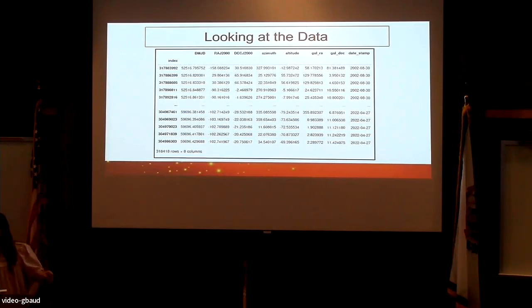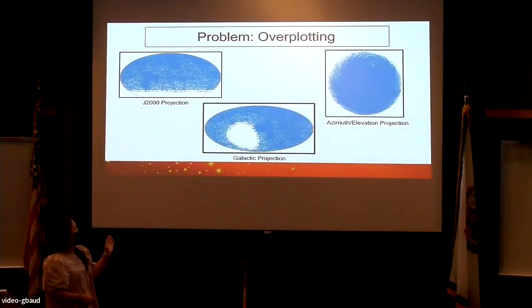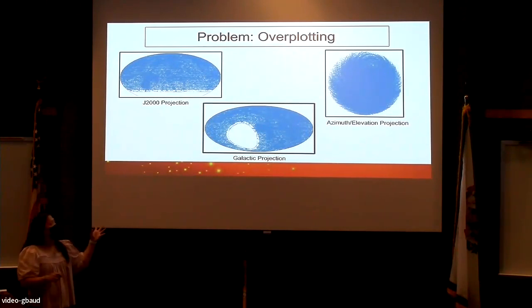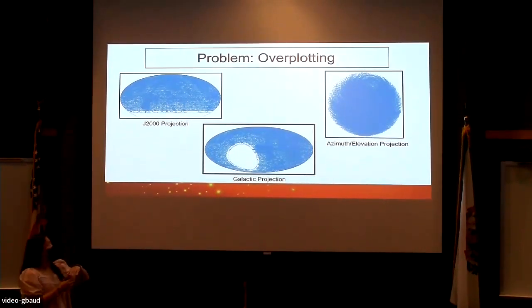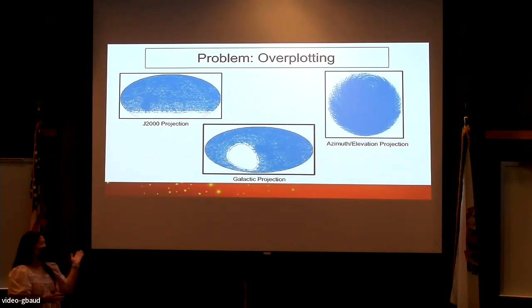With all that data, we started to plot it. We were plotting around 300,000 points, and you can't really see each individual point because there are so many in one area that they blur into each other. So you can't derive any information from the projection because there are too many data points.